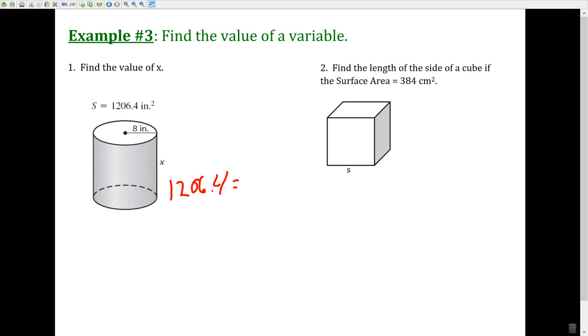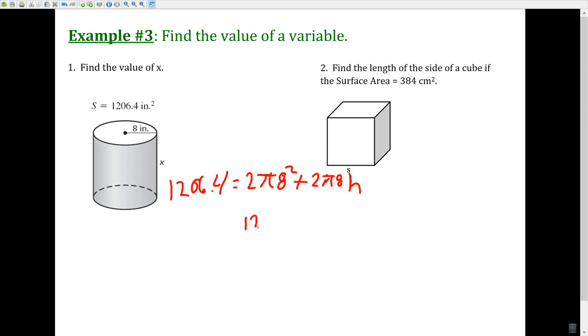Then you use your formula. So it's going to be 2 times pi r squared, 8 squared, plus the perimeter, the circumference, which is 2 pi r, which is 8 again, times the height. And so now you're finding h in this situation.